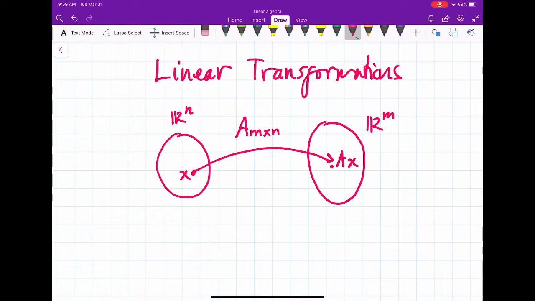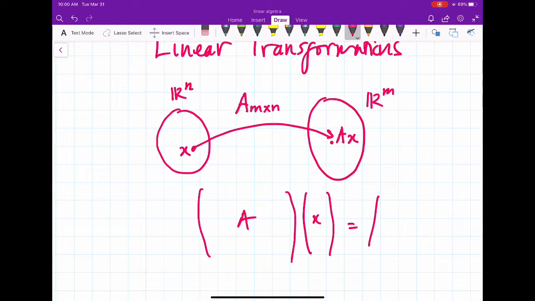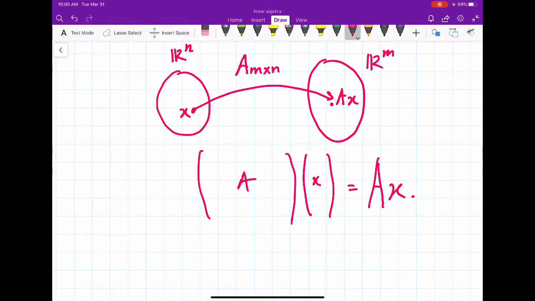Okay, look at this picture. Suppose that we have a matrix A of size m by n, meaning A has m rows and n columns. If you want to apply matrix A to some vector x, then you get a vector Ax. What is the size of the vector x? It should be n times 1, right?